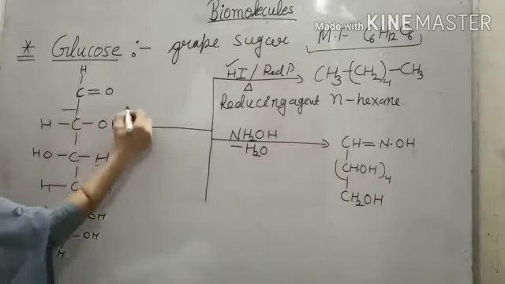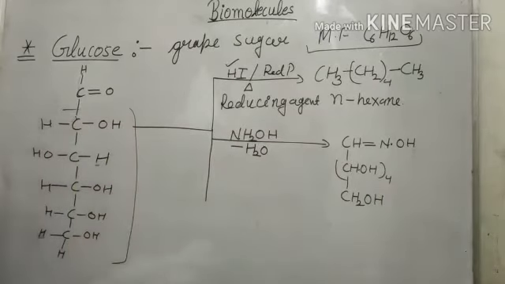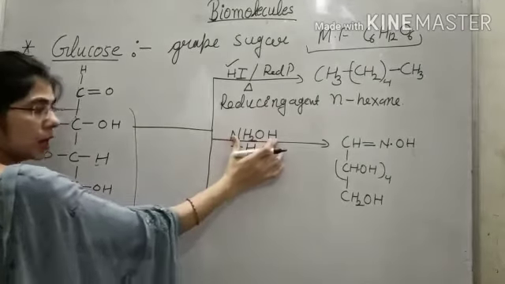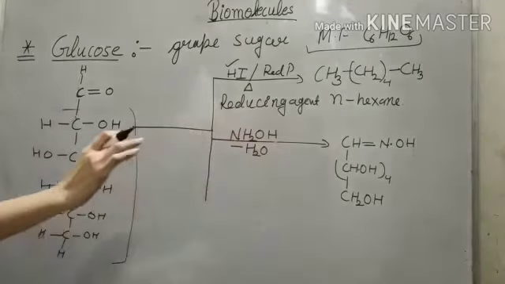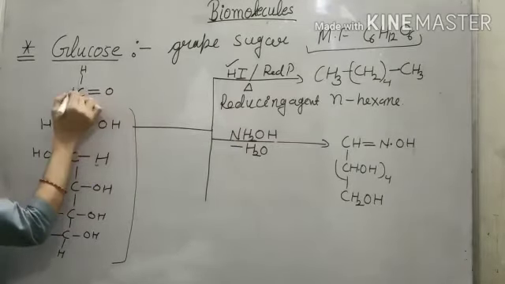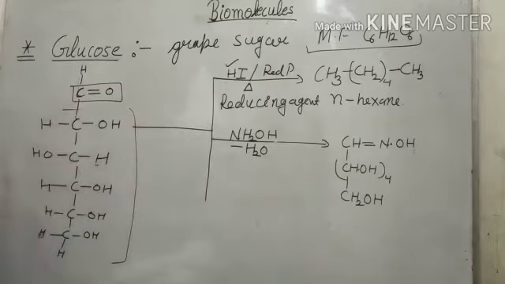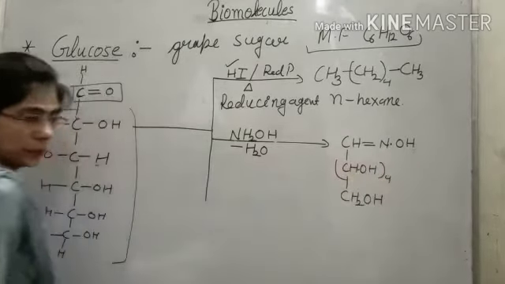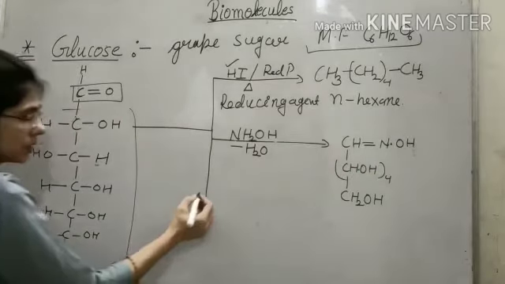This part remains unaffected when glucose is treated with hydroxylamine; it reacts only with the carbonyl group and forms an oxime.